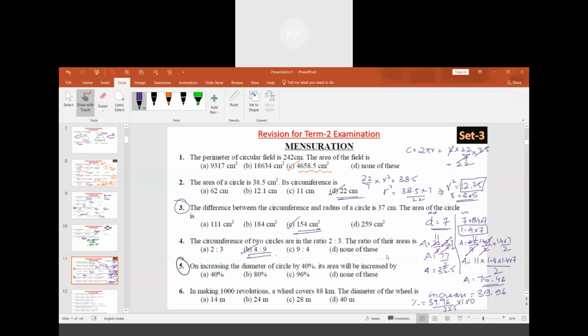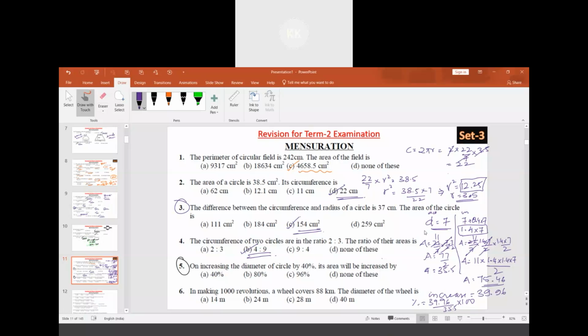We get 112. Is it possible like that? Sir, we can square the ratio, we will get 4:9. We are getting more than 100% here. Before, diameter was 14, no, sir? 40% increase will give 1.4 into 14, that is 19.6.